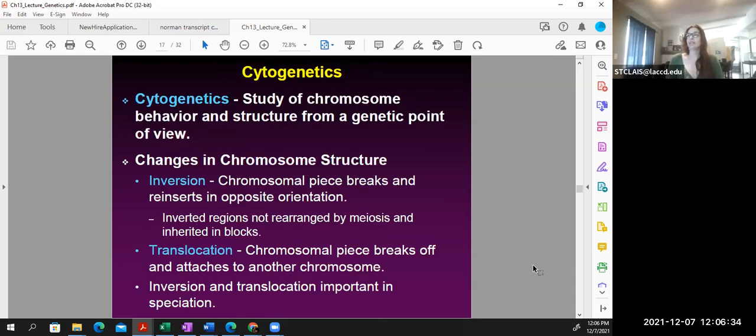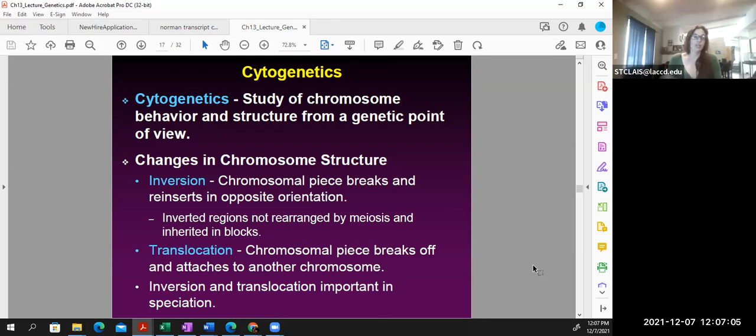Okay, so within molecular biology is the field of cytogenetics. And here they're studying the different chromosome behavior and the ways that chromosome structure can be changed and what the effects are. One of the possibilities here is inversion. This is going to be where a piece of the chromosome actually flips around and it's going to bind to the same chromosome, but it will have a different orientation.